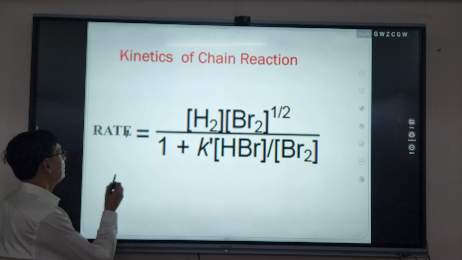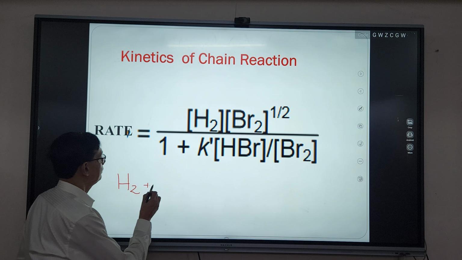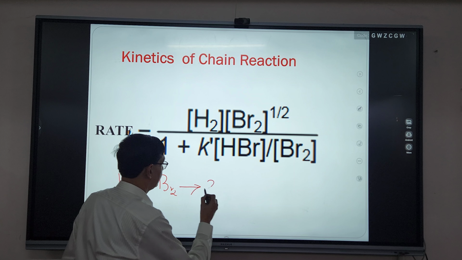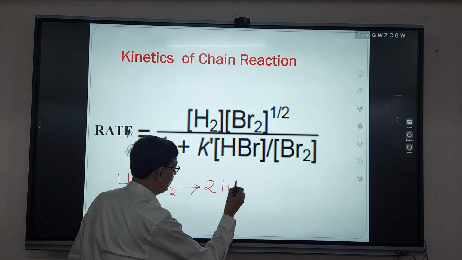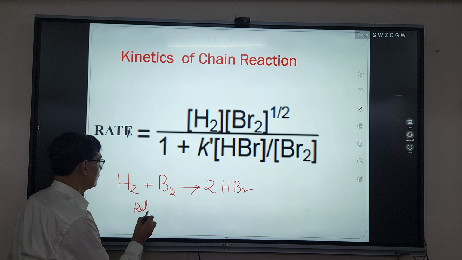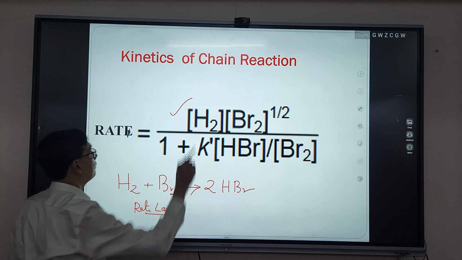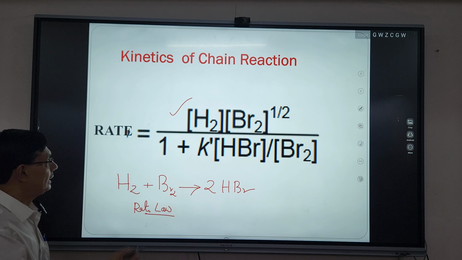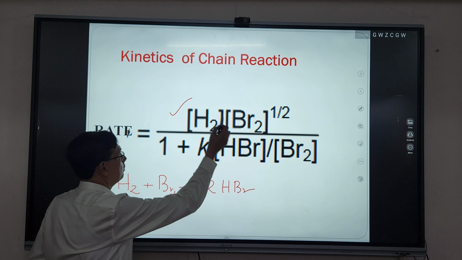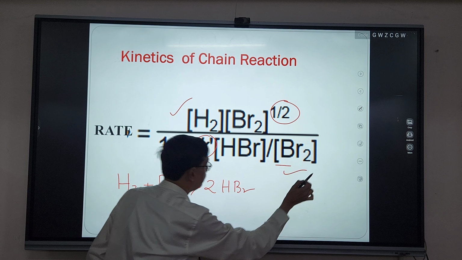Now, why is chain reaction important? If I simply write this H2 plus Br2 reaction and want to write the rate law, you will see a different type of expression, like k [H2][Br2] to the half, divided by 1 plus [HBr] divided by [Br2].